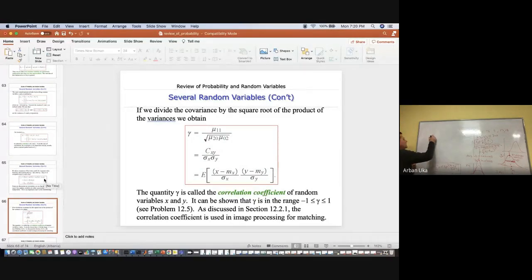The variance is equal to x minus x average times x minus x average. This is the variance. The covariance is equal to x minus x average times y minus y average.